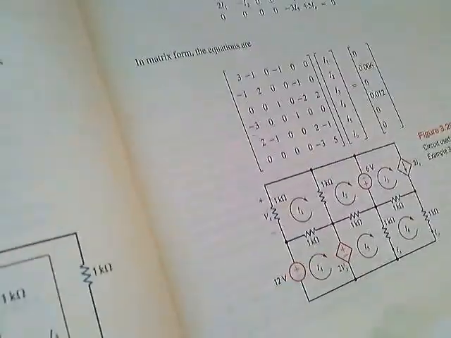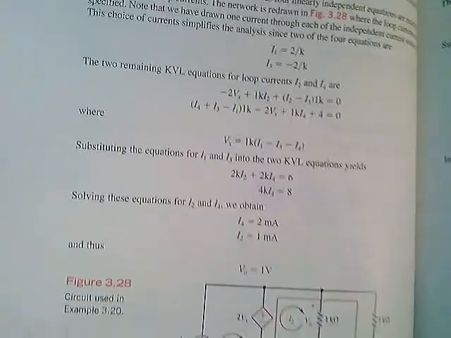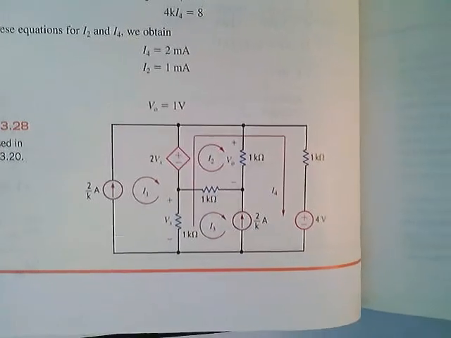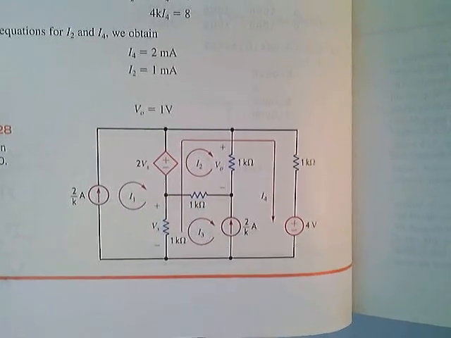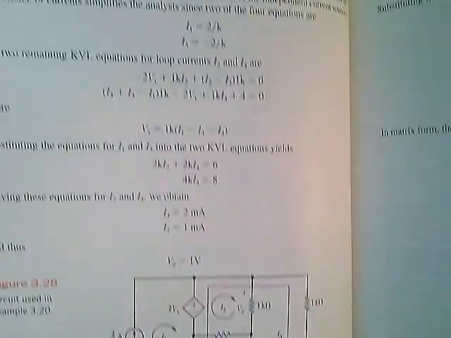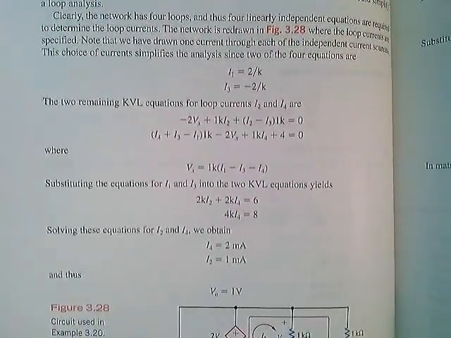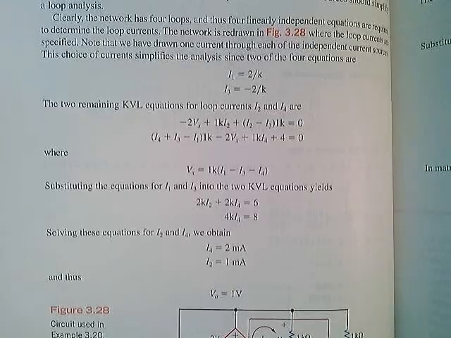And then look at 3.20. We didn't look at that one, but look at example 3.20 and write a couple equations there. Not all of them, just a couple of them, and see if you get some of the equations they have in the book. Then 3.21.